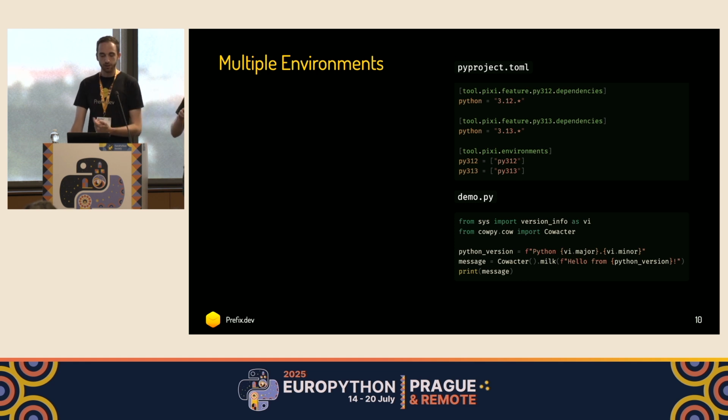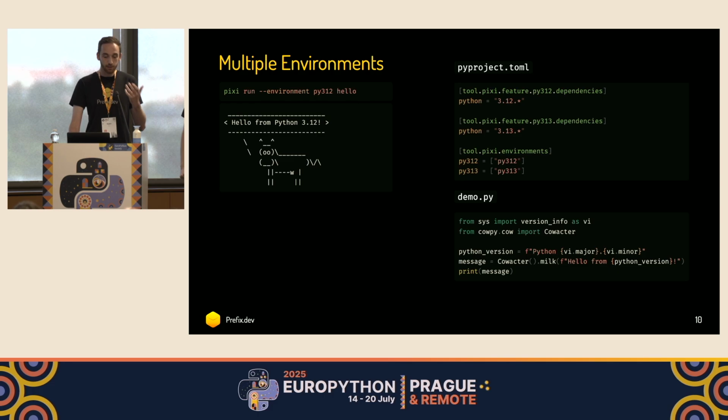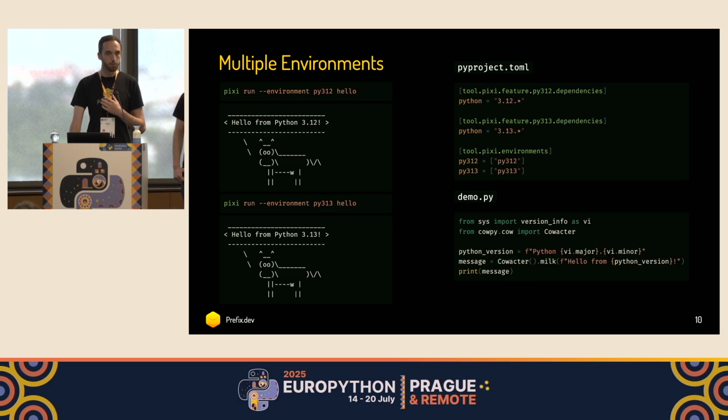So if you then make two different environments with these two different versions of Python, Pixi will solve two separate environments, and will also be able to install two different environments. With this little example, we can run in these environments the same task that we defined before. If we run pixi run hello in the py312 environment, you see in the simple example that cowpy will tell you that we're running in that exact version of Python, and the same goes for the other version.